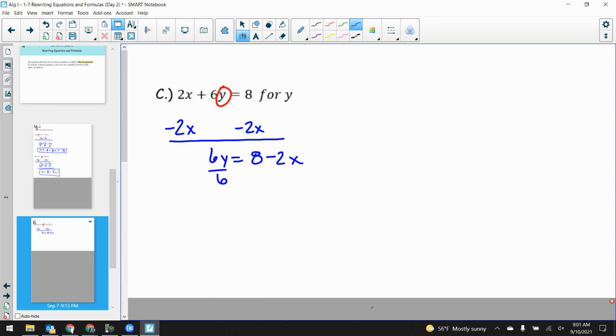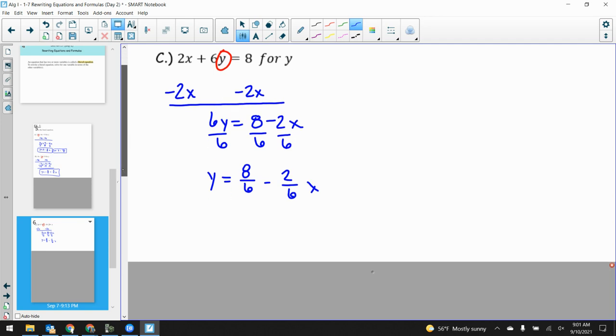Now, I would be very happy if you guys got to here. How do we do? But we can simplify this. There's actually one more step to do. Can I simplify this fraction, 8/6? 4/3.